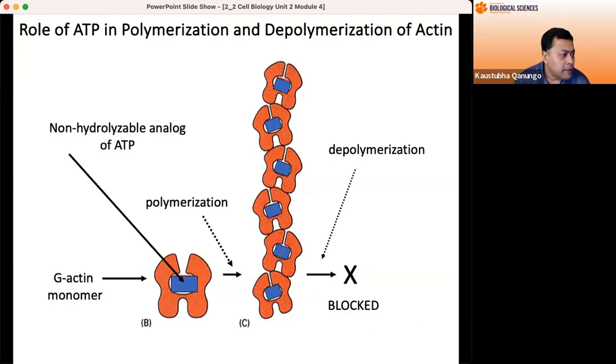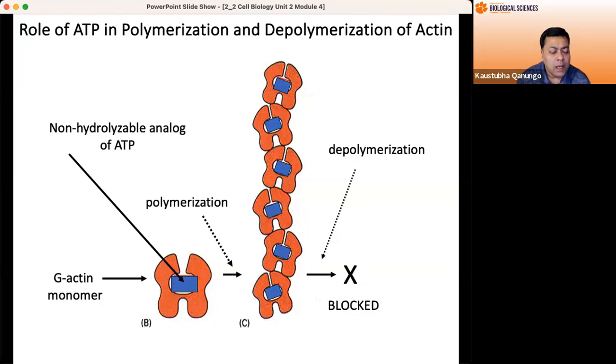So here is an experiment, and we can ask these questions. One of the important things is that instead of ATP, we can add a non-hydrolyzable analog of ATP, adenosine triphosphate. Now, this analog is just like a nucleotide, just like the ATP energy currency, but remember that it's a nucleotide.